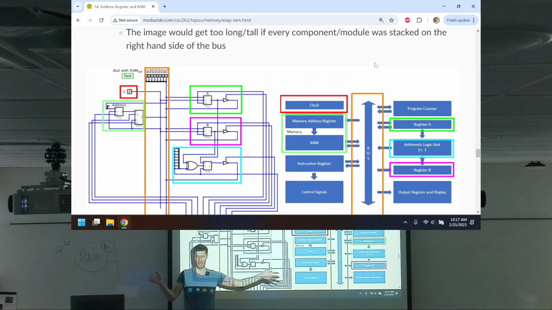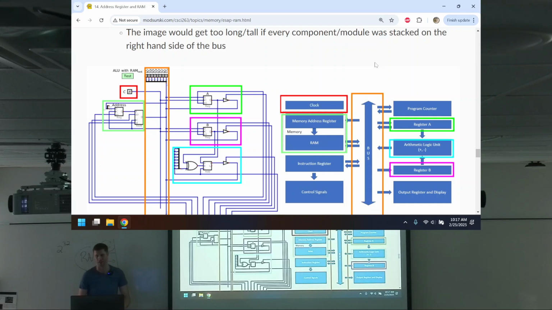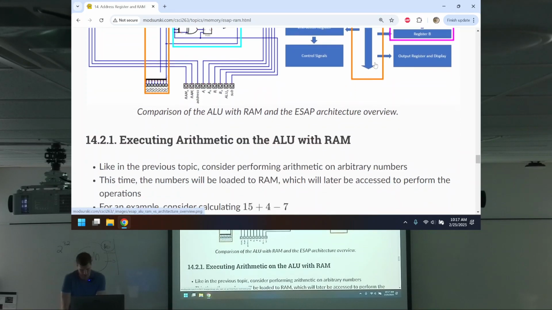Our screens are widescreen, so it really didn't fit well, unfortunately. What I liked about doing it all on one side, though, is I could have the data bus all on one side. And what was neat was all the control signals were also on the other side. Where here I have to kind of split the control signals to both sides. Not a big deal, but it is what it is. Just to give you an idea of why it's being designed this way.